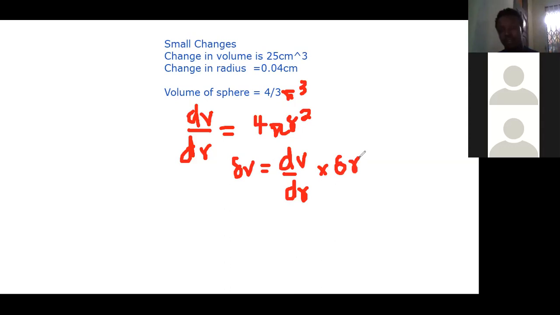So small v is equal to 4 pi r squared times the smaller change in r. We've been given the change in radius as 0.04.